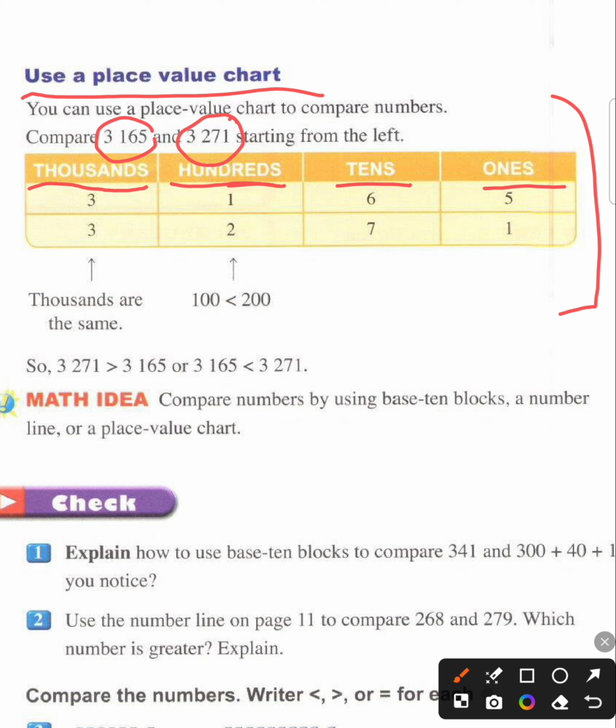We write the first number in the first line, the second number in the second line. And now compare thousands. We start from the left. You see 3 and 3, they are the same. And after that compare hundreds, 1 and 2. Which is greater? 2 hundreds. It means we don't need to go further, and our result is here.